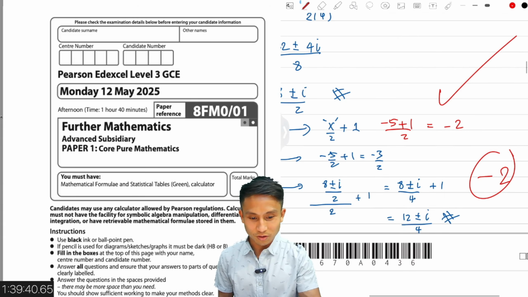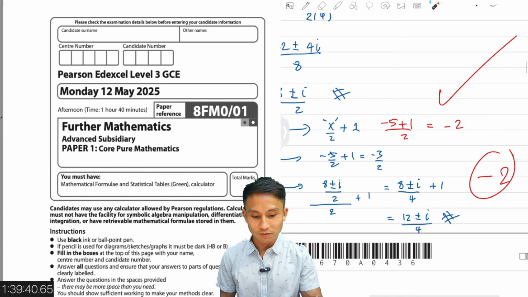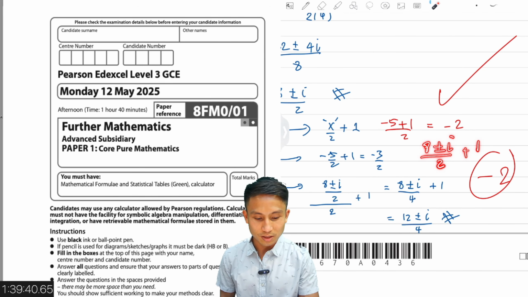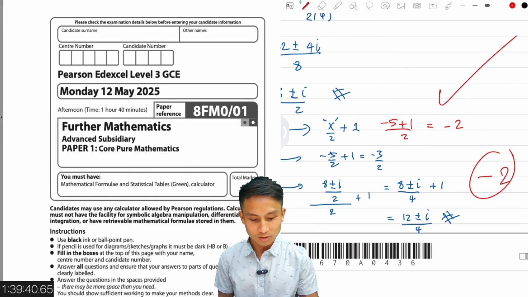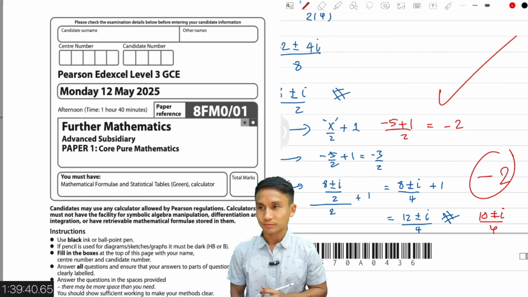And for the complex roots, if you do plus 1, it's going to be 8 plus or minus i over 2 plus 1, so that's plus 2 over 2. That would become 10 plus or minus i over 2, and divide by 2, so you would get over 4 here. So that's actually 10 plus minus i divided by 4 instead.